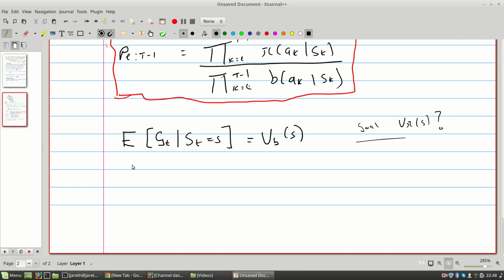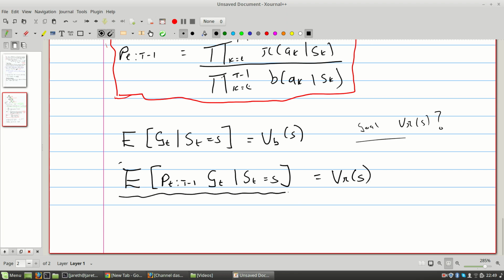Ultimately we end up with the expectation of the importance sampling ratio rho from t up to t minus 1, multiplied by Gt, given St equals s. This is equal to v pi of s, because that was the whole goal of importance sampling: finding the expected value of one distribution by using samples from another distribution.